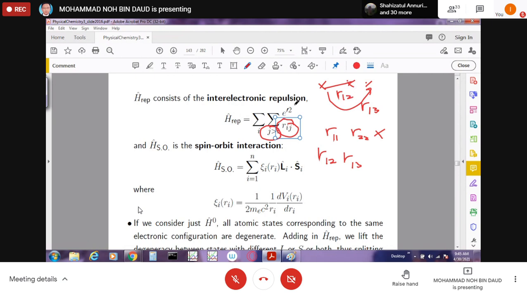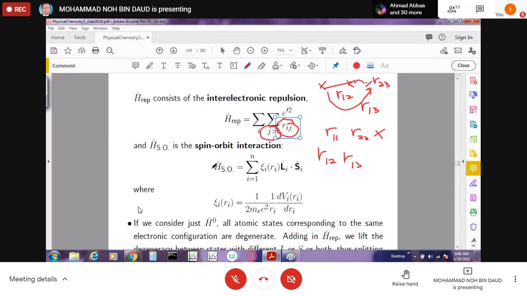Because of this, we cannot have R21, R31. So we have R23. And also here we have the spin-orbit interaction Hamiltonian.